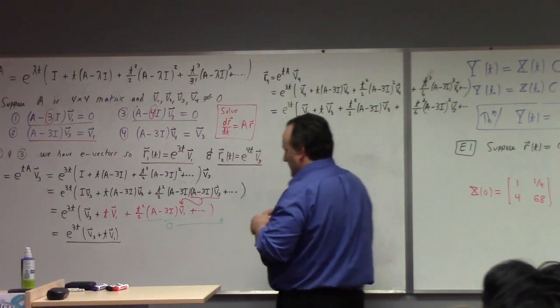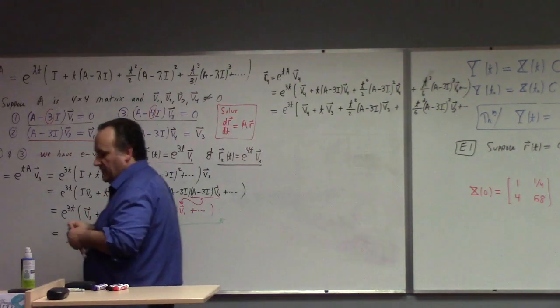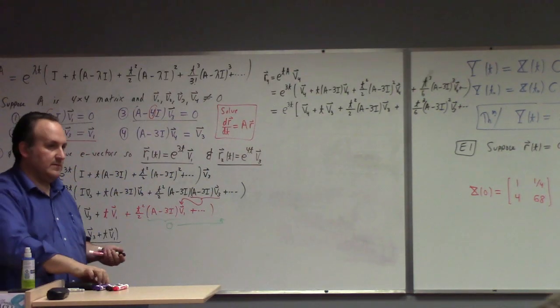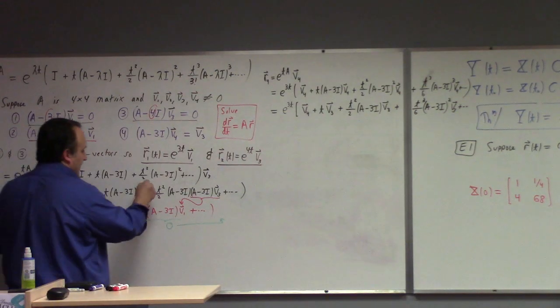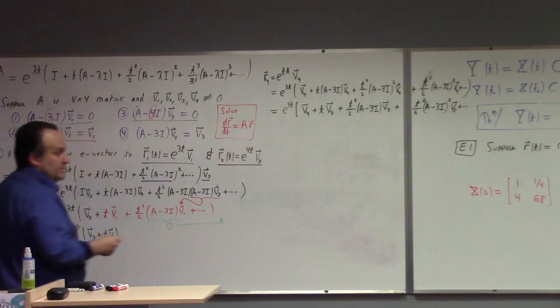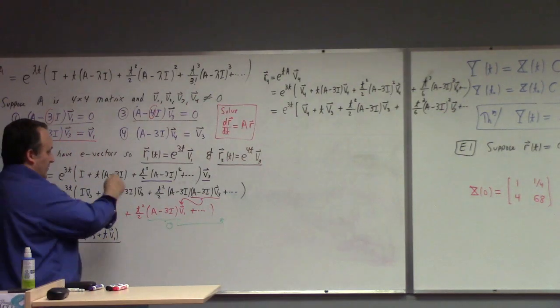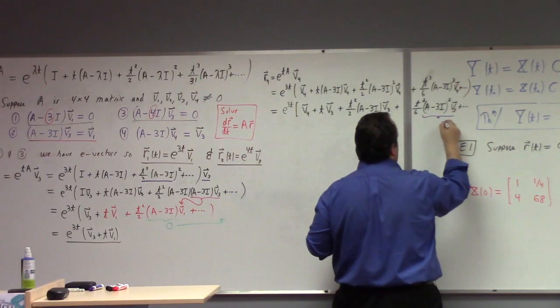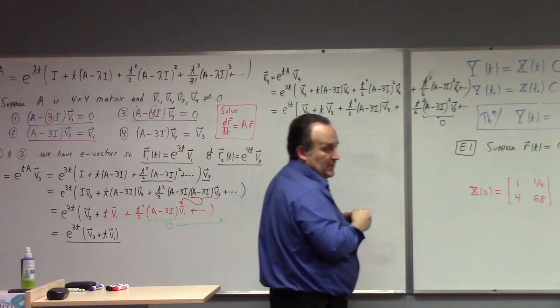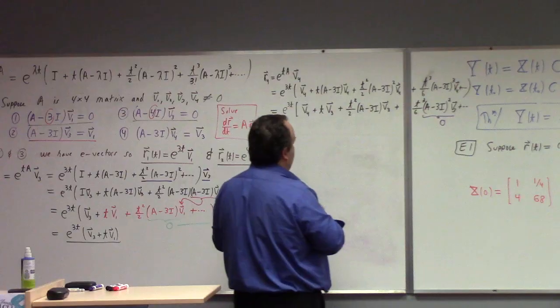But look at that. What did we see in the previous calculation? We worked this out already, right? What's A minus 3I squared when it acts on v3? It worked out to 0. So we already know this part works out to 0, right? From our previous calculation.